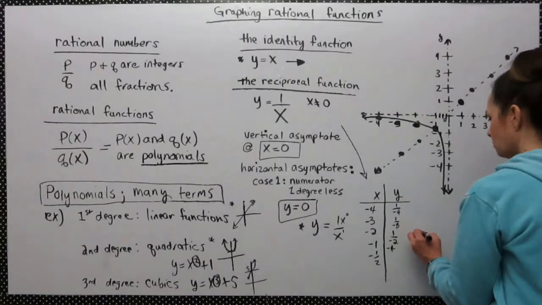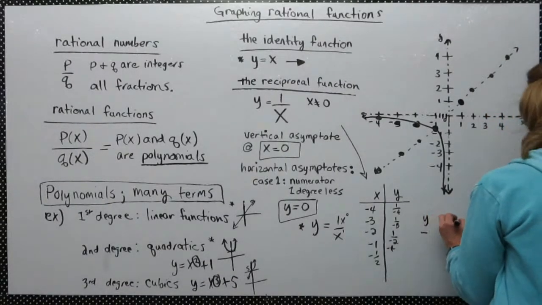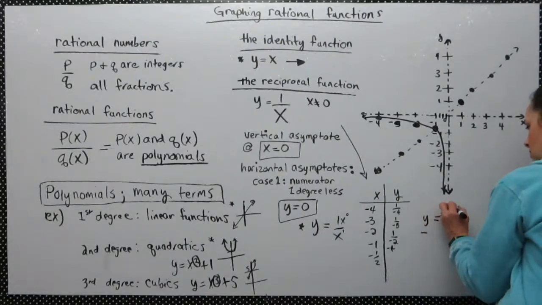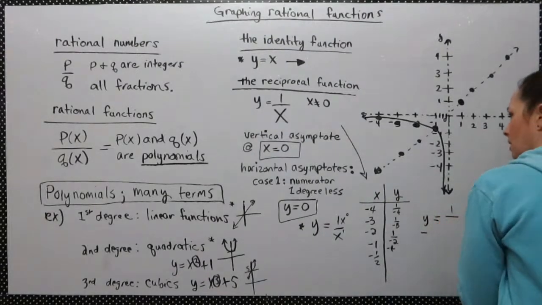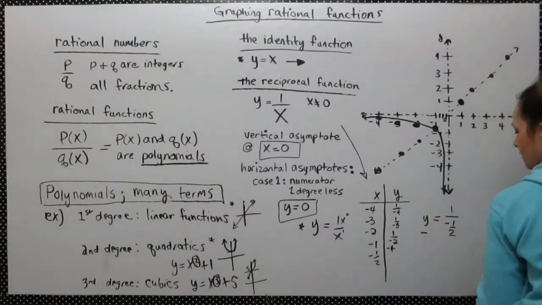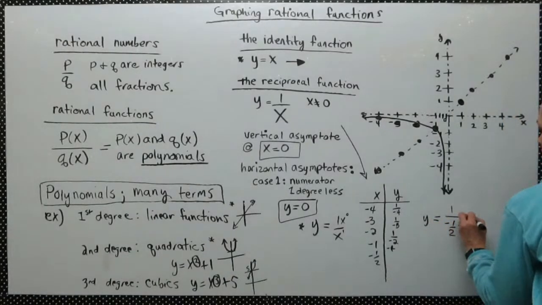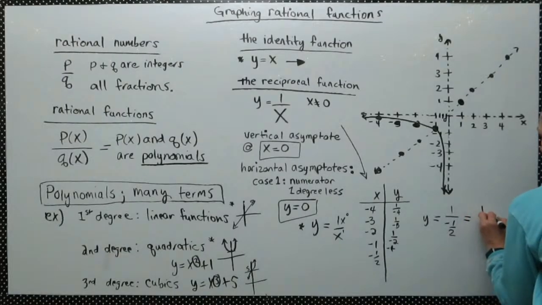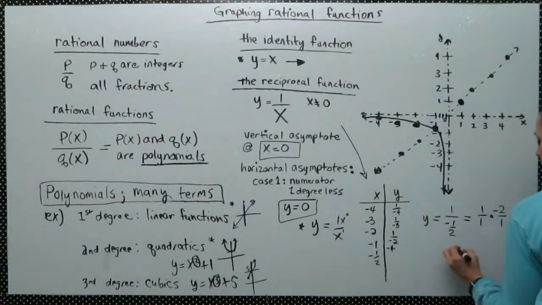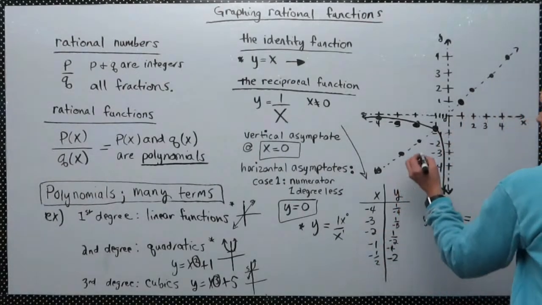Well, when I plug it in, y equals 1 over -1/2. Then that's 1 over 1 times -2 over 1. So that's actually putting me at -2 now, here.